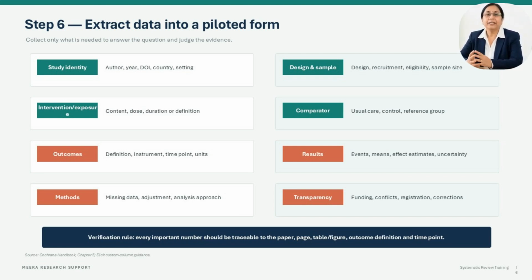In Elicit, create detailed columns rather than asking vague questions such as, what were the results? Every important answer should be linked back to the full text page, table, or figure. More than one person should extract or independently verify important data because extraction errors are often difficult to detect later.